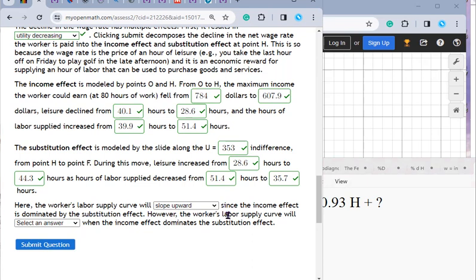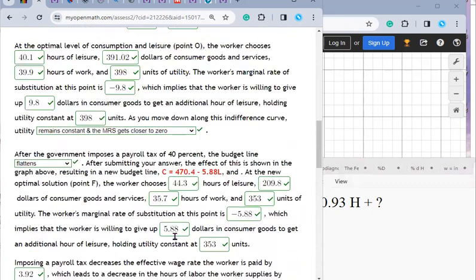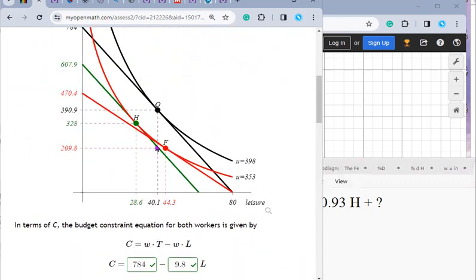Now, the worker's labor supply curve will be downward sloping when the income effect dominates the substitution effect, right? Then the shift from black to green will be bigger than green to red, and so we'll get a downward sloping labor supply curve.